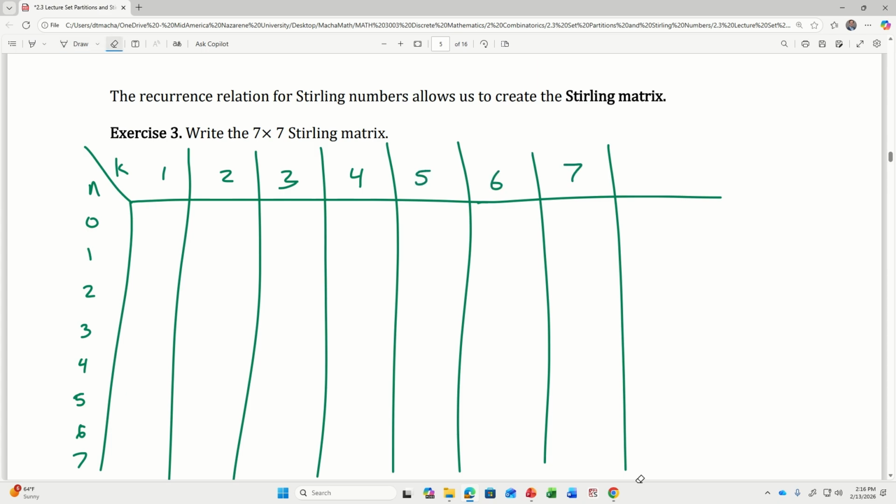So here we go, trying again. If I have a partition of 1 block, there's only one way to do that. It doesn't matter what the size of my set is. There's only one way I can partition a set into 1 block, and it's the block with all the elements in it. Likewise, if n is equal to k, the size of my set is equal to the number of blocks I'm using in my partition, there's only one way I can possibly do that.